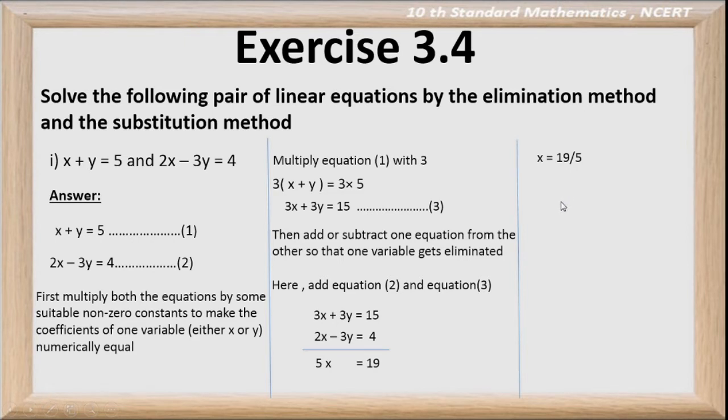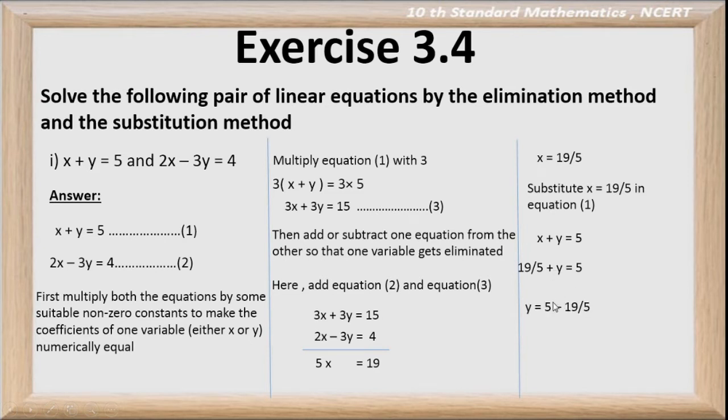The step number 3: substitute the value of x in any equation. Here I am substituting the value of x equal to 19 by 5 in equation 1. This is equation 1, x plus y equal to 5. Instead of x I am giving the value 19 by 5, so 19 by 5 plus y equal 5.